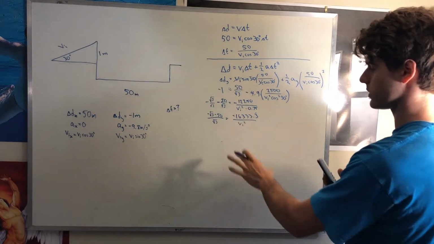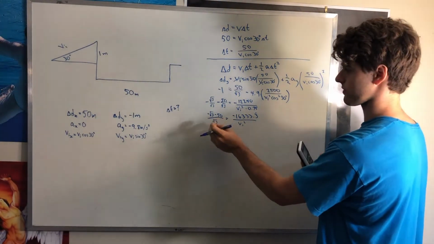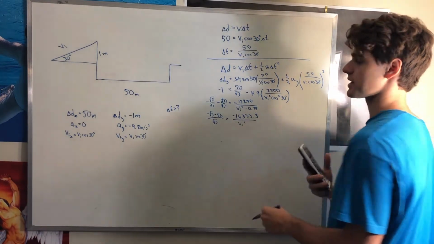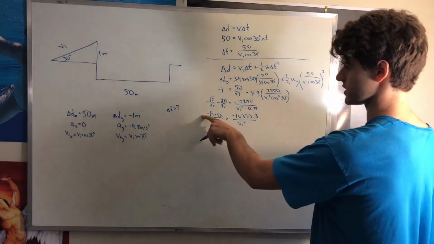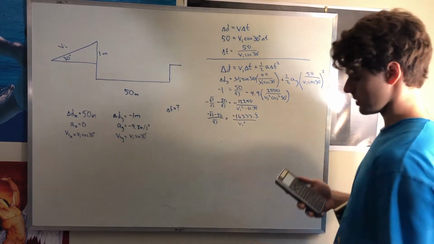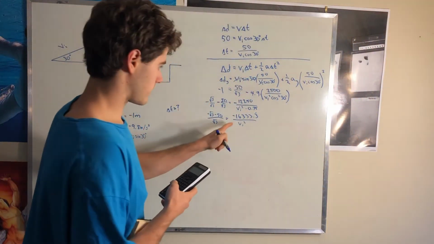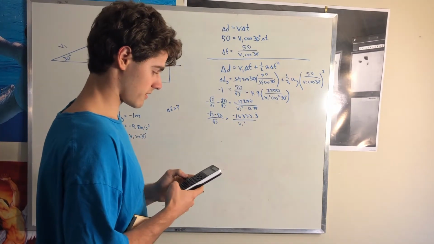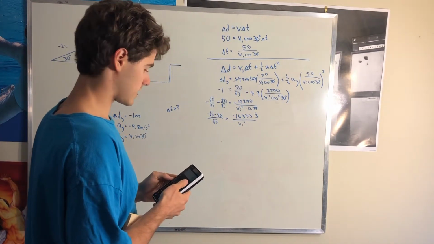Okay, so now we have a basic equation. We have a fraction equals a fraction. So we can do cross multiplication, right? So this numerator times this denominator equals this denominator times this numerator. All right, so this number times the square root of 3. Whoa, that's complicated.